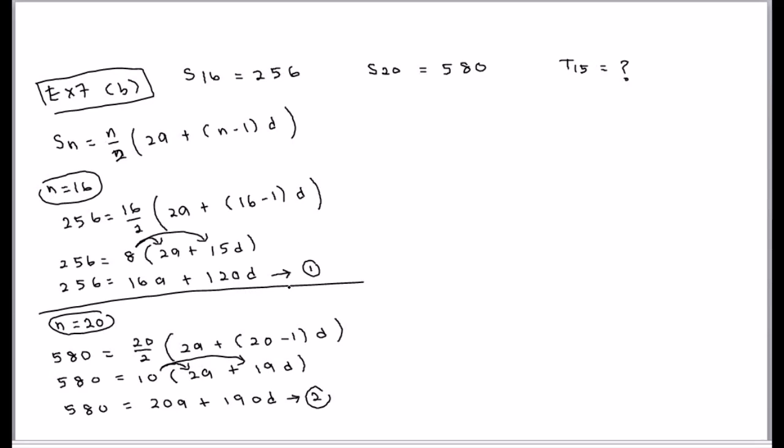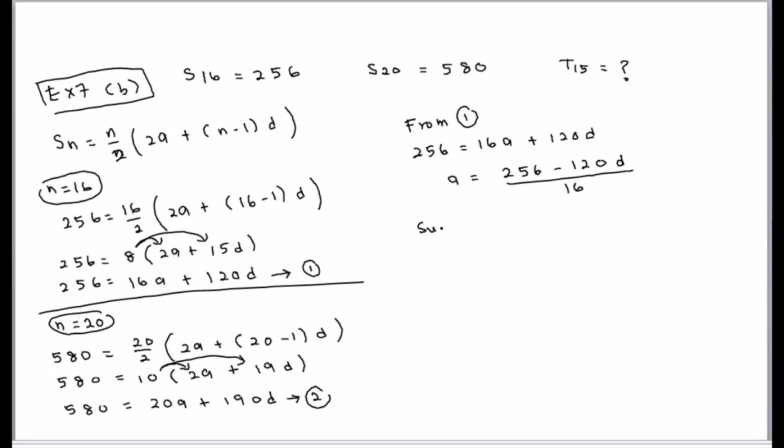Okay. This time I want to use the substitution method. Okay, from equation 1, 256 equals 16a plus 120d. So a equals 256 minus 120d over 16.